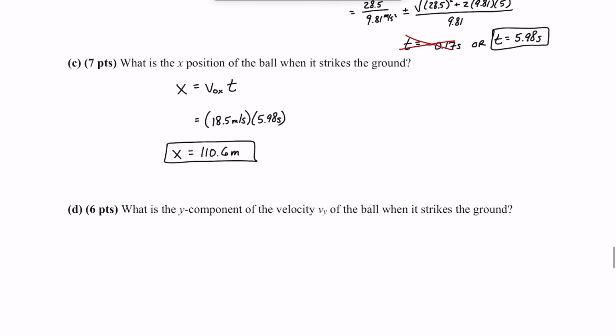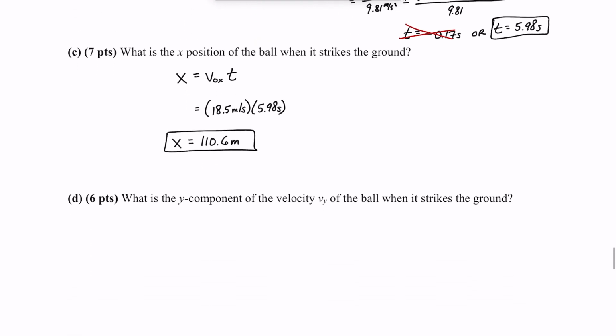The last part asks us to find the y component of the velocity of the ball when it strikes the ground. We want to solve for y velocity, so we can use the last kinematic equation that we haven't used yet in terms of y, where negative g is the acceleration. We found initial y velocity above as 28.5 meters per second.